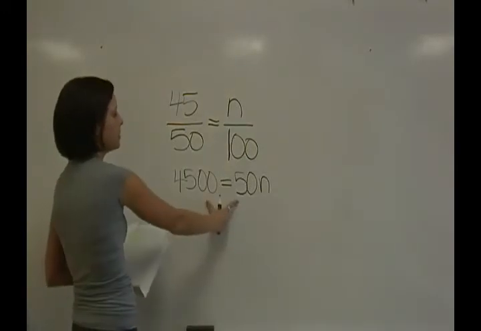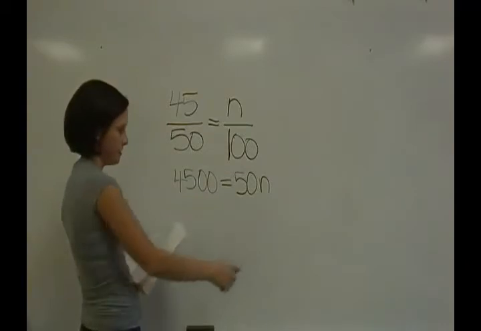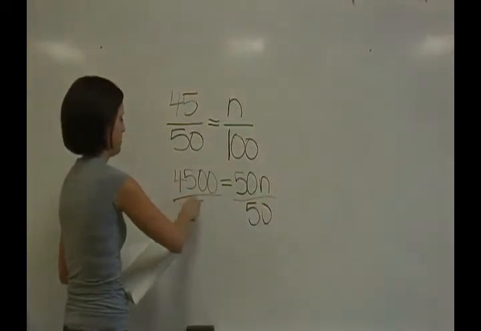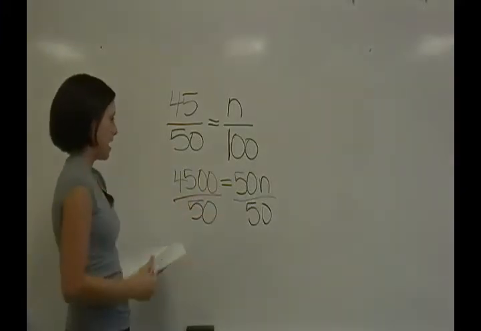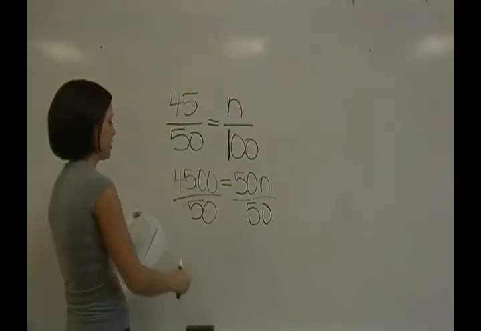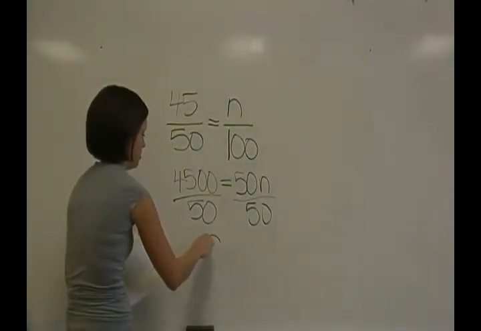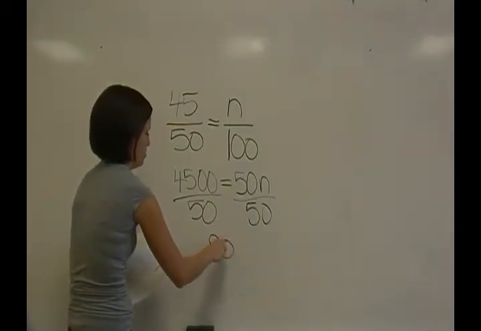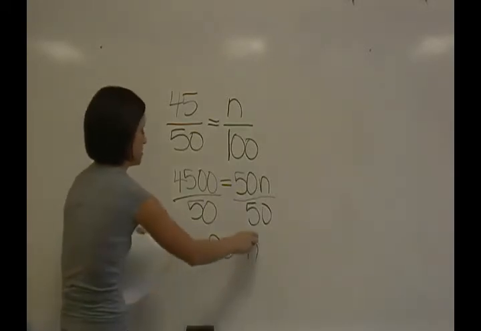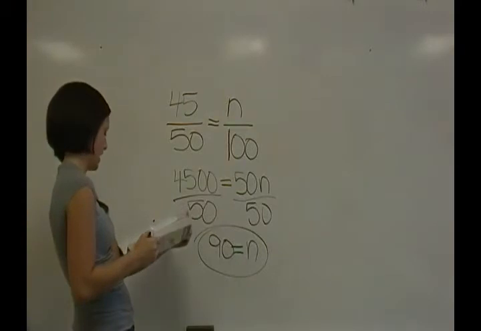Okay, from here, to isolate n by itself, you have to divide both sides by 50. 50 here, divided by 50 here, and let's solve. 50 will go into 4,500 90 times. And that gives us our answer, 90%, which is selection C.